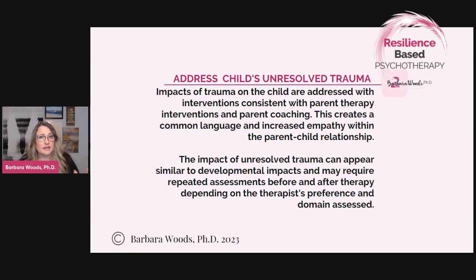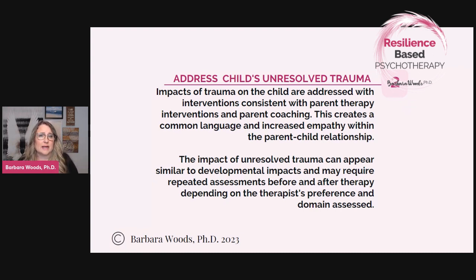Now we're going to look at the next stages in the intergenerational resilience model. The next step that we take is to address the child's unresolved trauma. So the impacts of trauma on the child, we use in the intergenerational resilience method interventions that are consistent across the child and the parent coaching so that there's a common language. The parent understands what the child might be doing in therapy and has a context and framework for supporting those interventions.